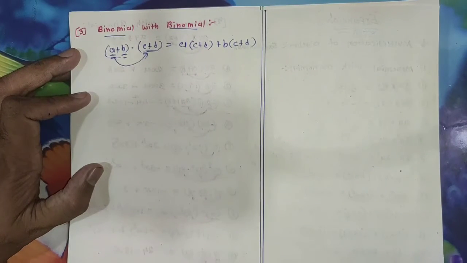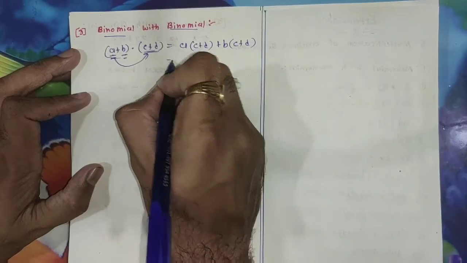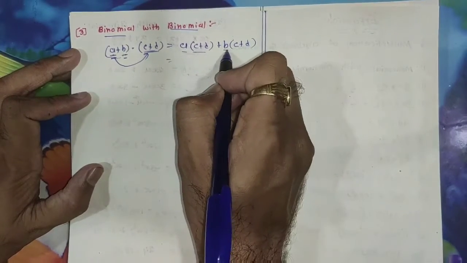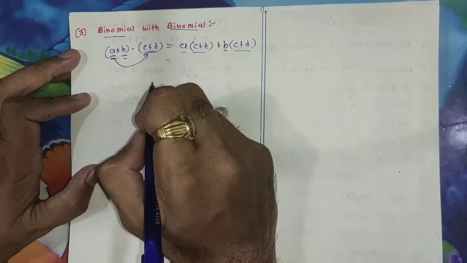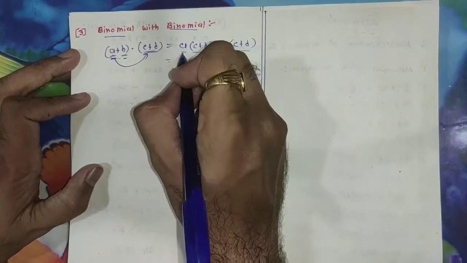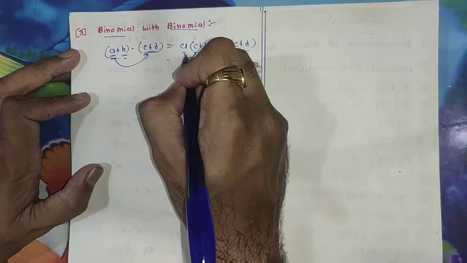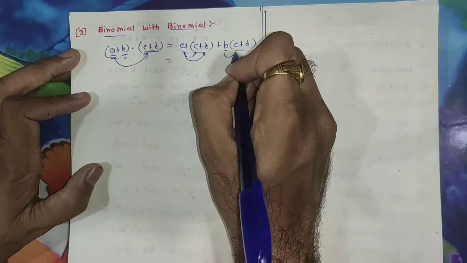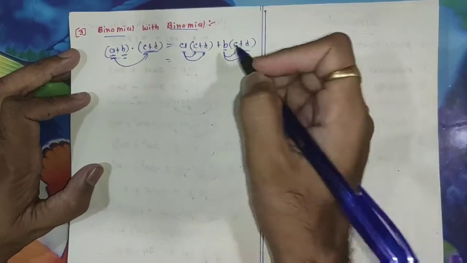Clear students? So now this is again what we have studied, multiplication of monomial with binomial. It can be performed by multiplying this a with c plus multiplying this a with d. Similarly, multiply this b with c and multiply this b with d.